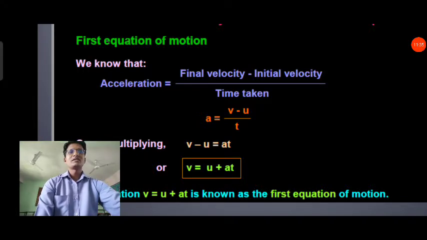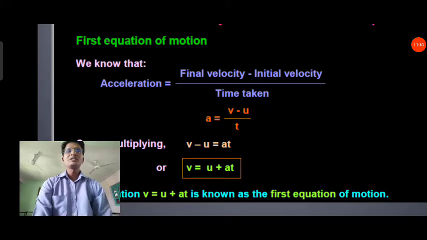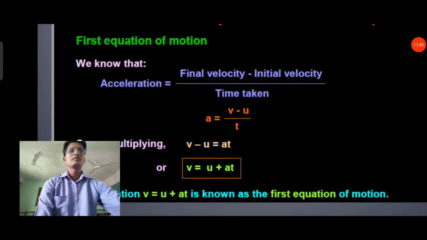Very easy. See, acceleration is the final velocity minus initial velocity divided by time taken. You all students, please follow this PPT. If you see the textbook, you will be confused, definitely. So that's why you follow this PowerPoint presentation only.